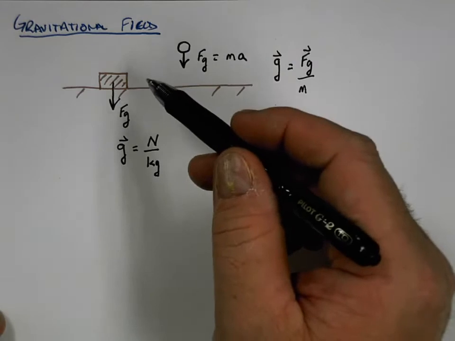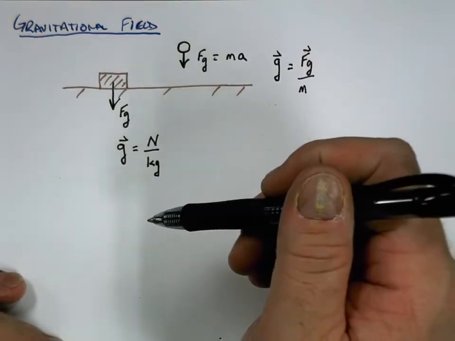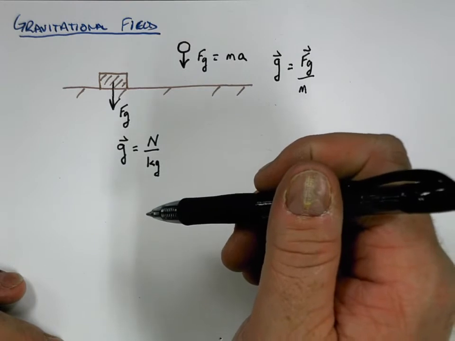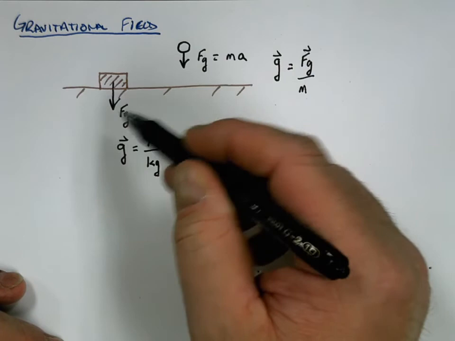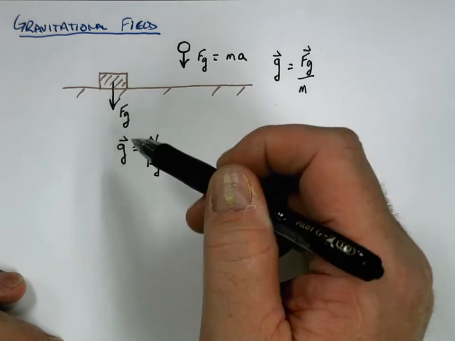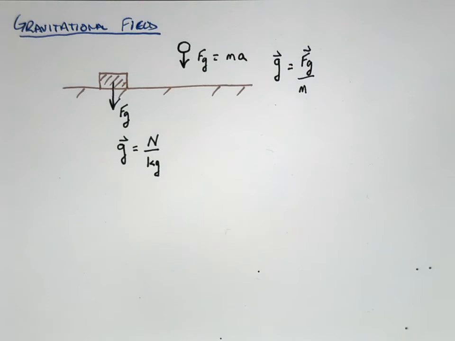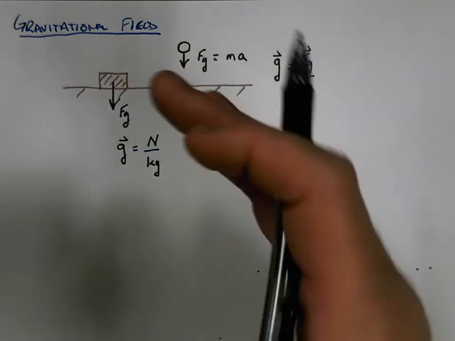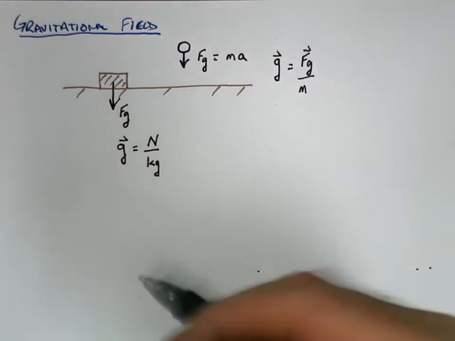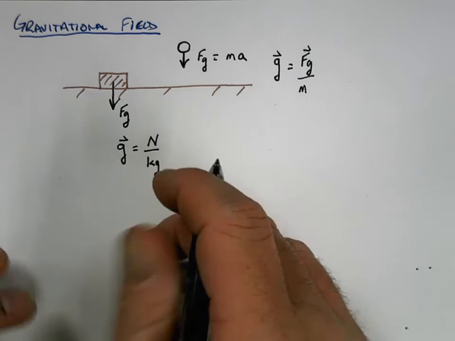And notice our crate is not accelerating right now, because it's sitting on the planet, but at this moment it still has this downward force acting on it, so it is within this field, and there's still this centripetal force acting on it.